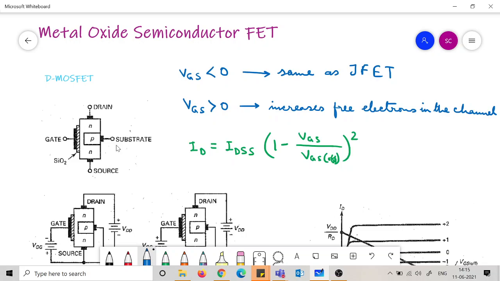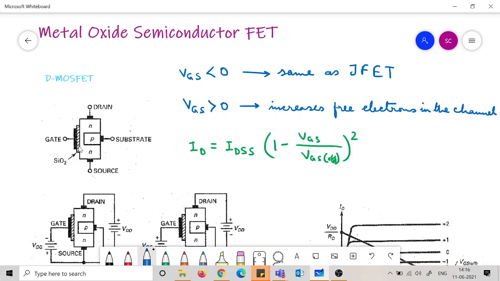Because the source is positive, the substrate is positive, so the holes are getting pushed away to this side, so the depletion layer increases. And as we know, if we keep on increasing the gate source voltage in a negative manner, then at some point this channel will be completely blocked, and that would be the cutoff voltage.